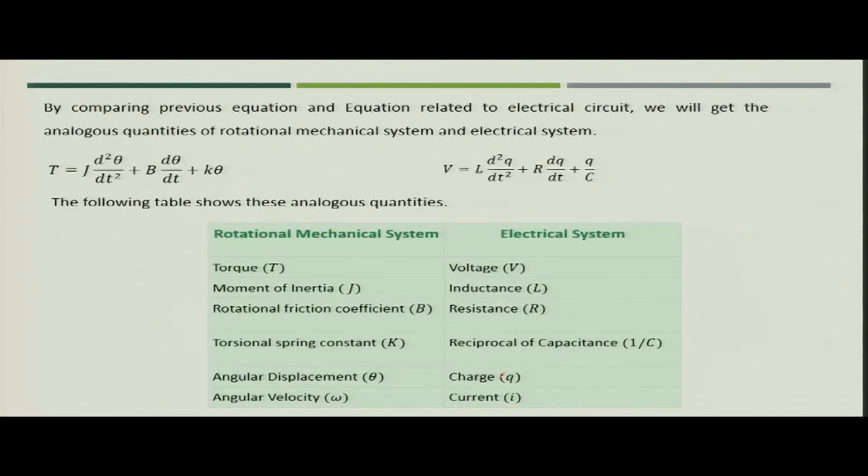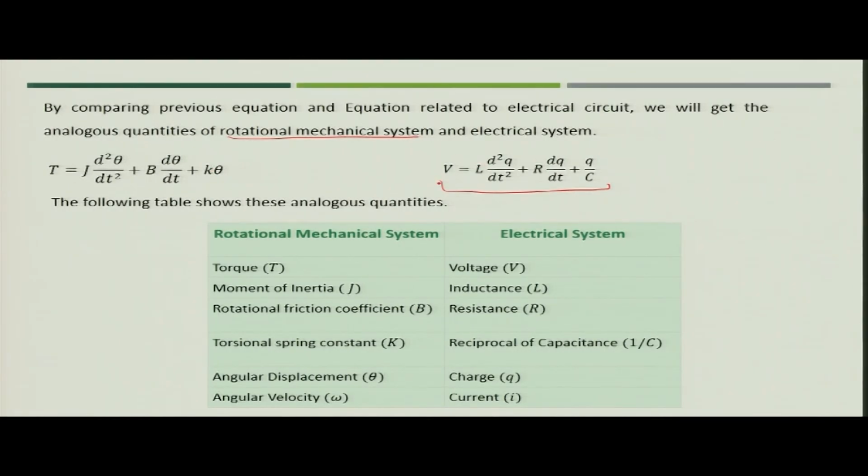So, what we got from series RLC circuit? We got V equal to L d2q by dt2 plus R dq by dt plus q by C. In case of the rotational mechanical system, we got T is equal to J d2 theta by dt2 plus B d theta by dt plus K theta.